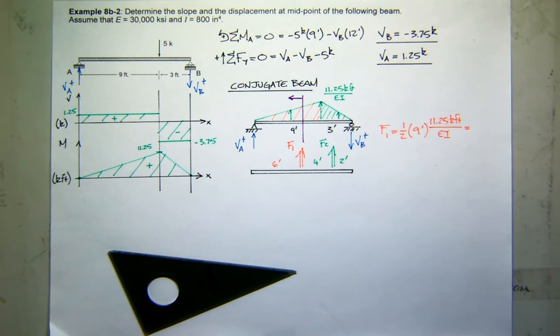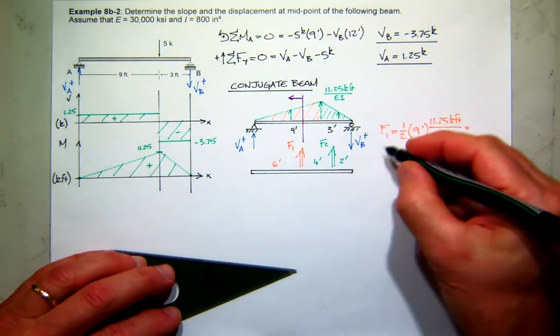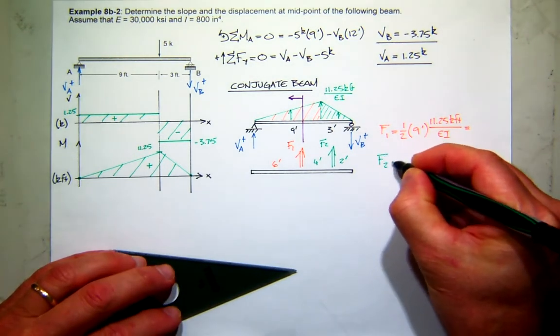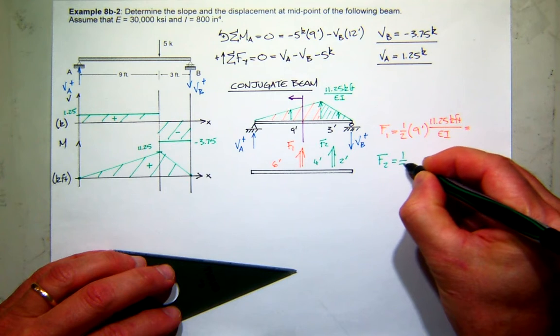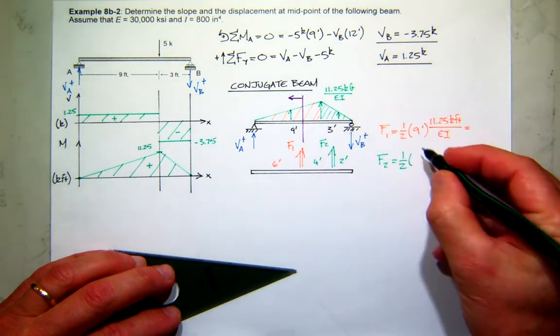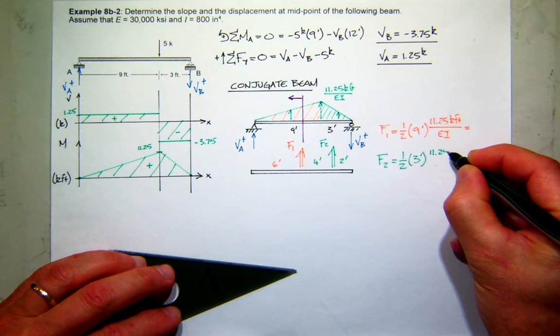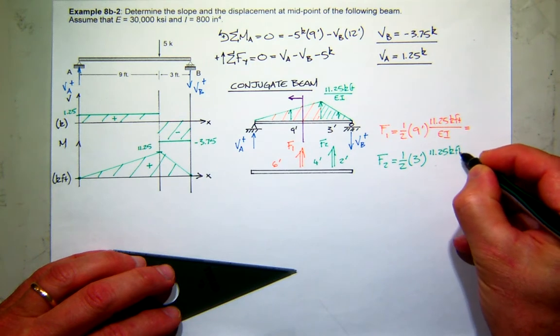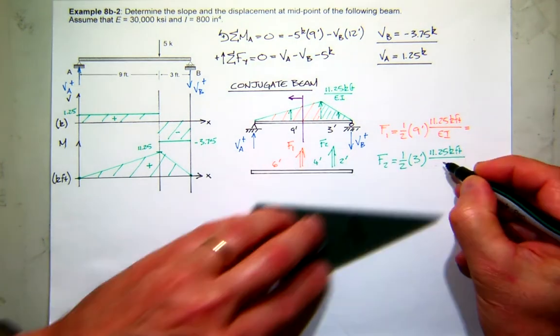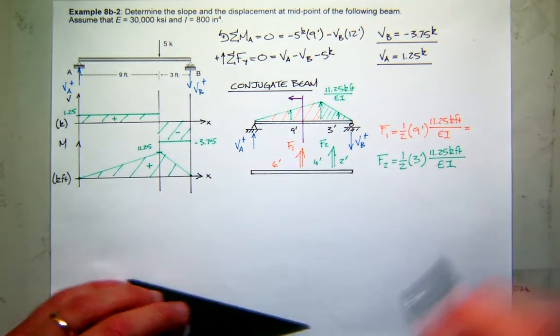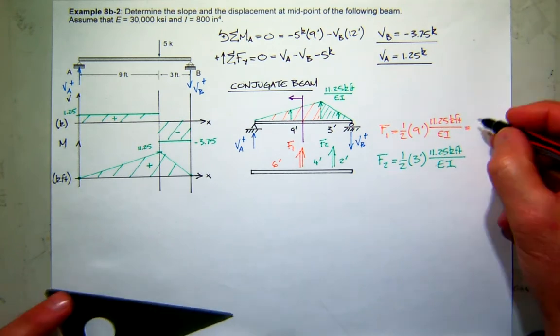And while you're doing that, we can compute F2, again a triangle. 1/2, the base of that one is 3, and the height of that one is 11.25 kip feet divided by EI.